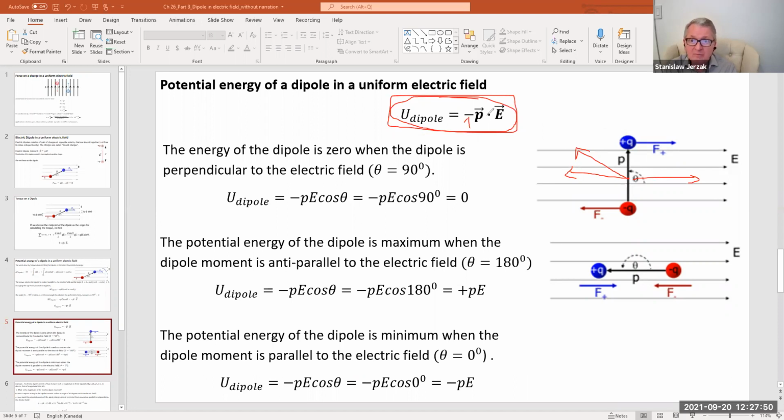So it's nothing complicated, but these expressions, for energy negative P dot E and for the torque, P cross E, are now pretty crucial, because there are so many applications of the behavior of the dipole in an electric field.